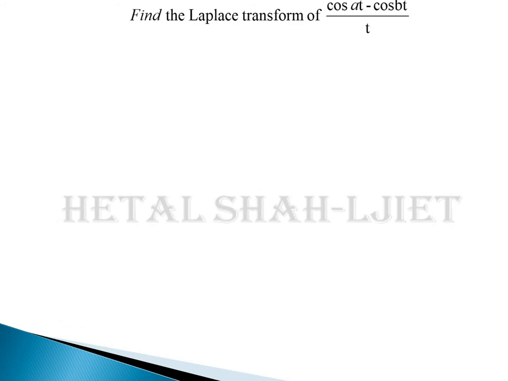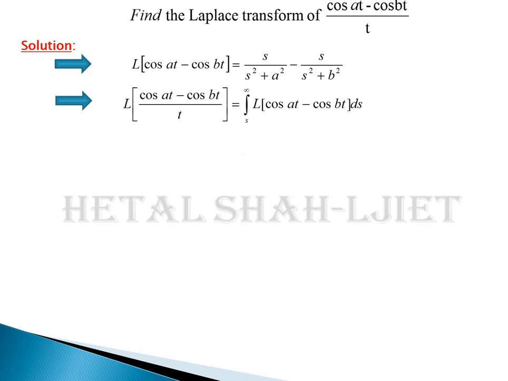Find the Laplace transform of cos at minus cos bt by t. Here our function is cos at minus cos bt. So the Laplace transform of cos at minus cos bt is s upon s square plus a square minus s upon s square plus b square. Now the Laplace of cos at minus cos bt upon t: for upon t, we have to integrate our answer of the Laplace transform of our function.